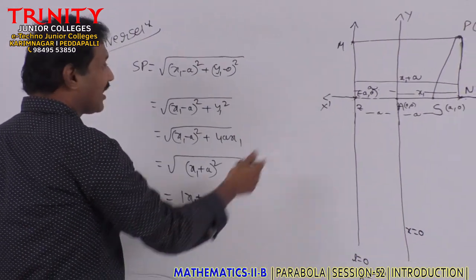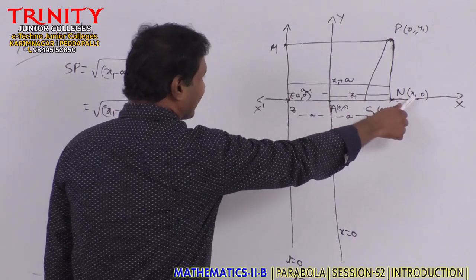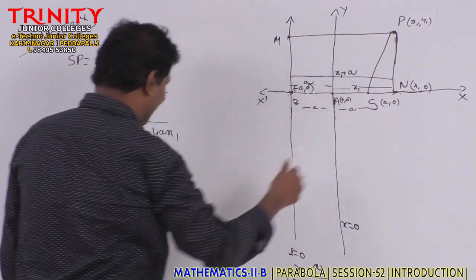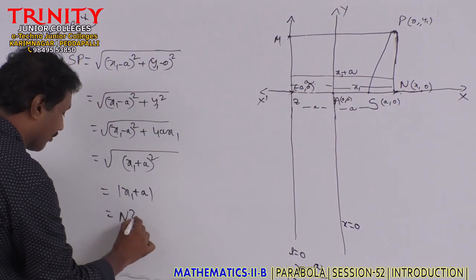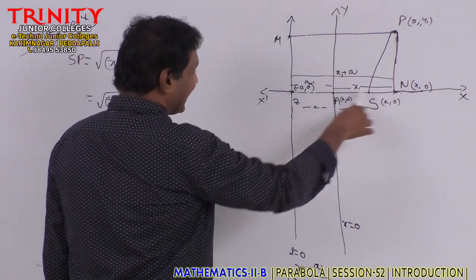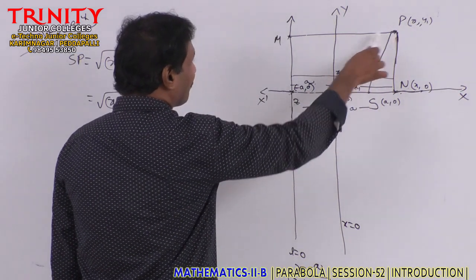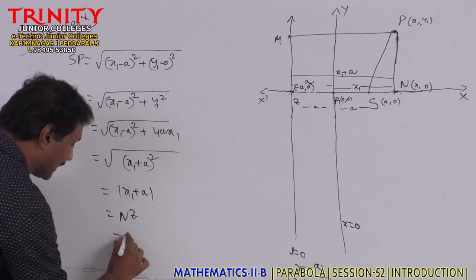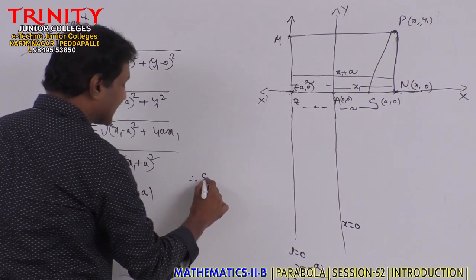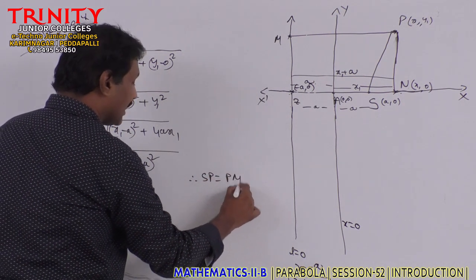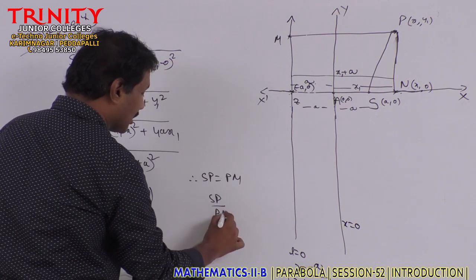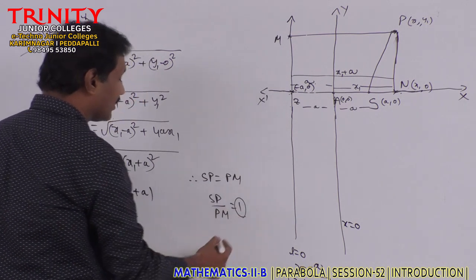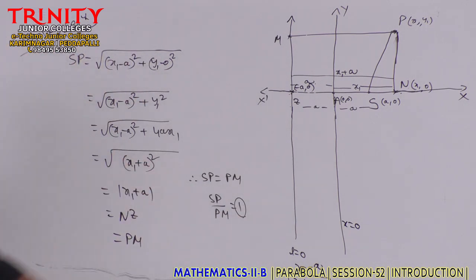So modulus of x1 plus a is the distance NZ. NZ is nothing but the distance PM. Therefore, SP equals PM, so SP by PM equals 1. The ratio is 1, so the conic becomes a parabola. This is the converse proof.